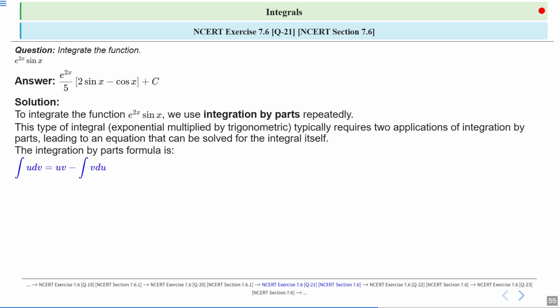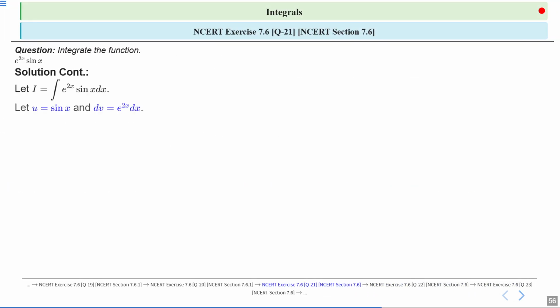So the integration by parts formula is integration of u dv is equal to uv minus integration of v du. So by the ILATE rule, choose u and dv. So u is equal to sin x and dv is equal to e^2x dx, as the trigonometric function comes first, then exponential.